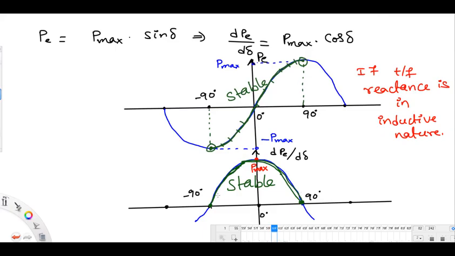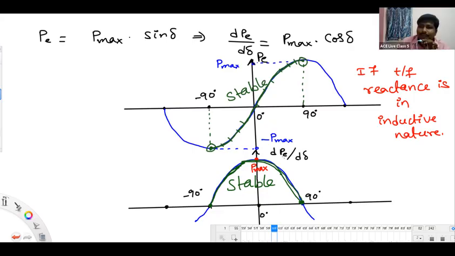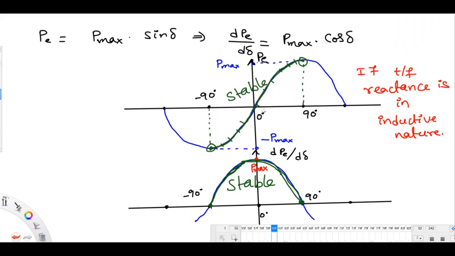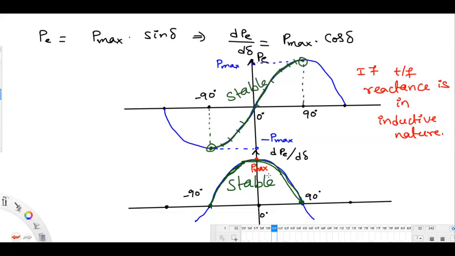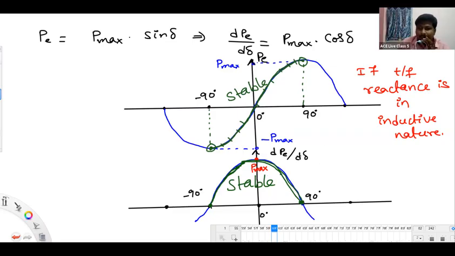Sir, I didn't get that. Why have you said -90 to +90 in the first case? You said that in a problem, the slope is increasing. What slope have you drawn in the second curve? We drew the dPe slope, sir. Means if dPe by d delta is positive, then the system is stable.